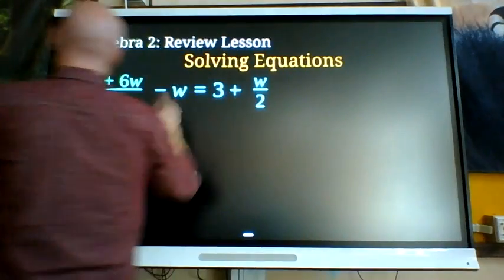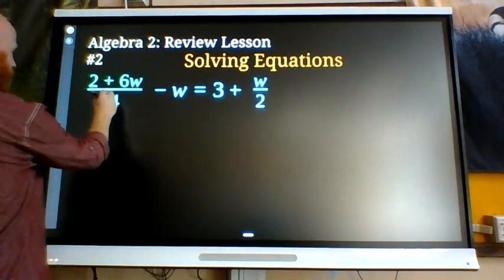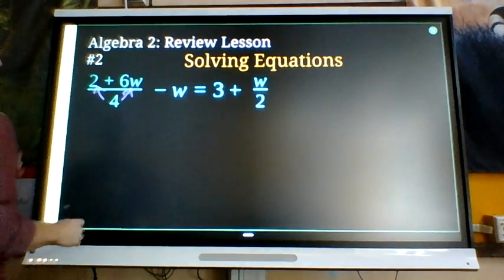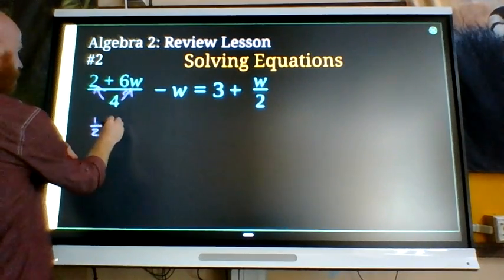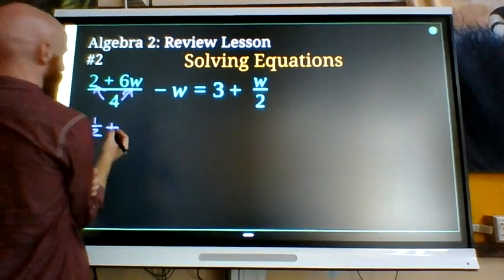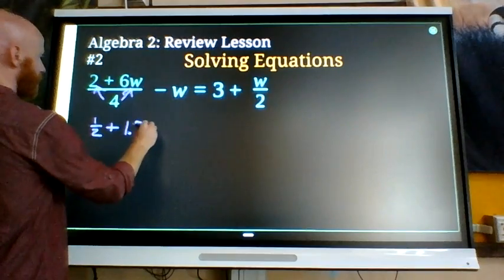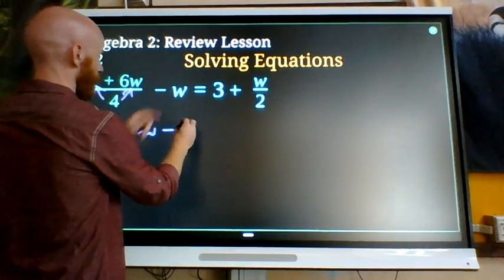Simplifying everything on the left of this equation, we distribute by 4. 4 divides each term in the numerator. So 2 divided by 4 is 1/2, plus 6 divided by 4 is 1.5, so 1.5 W's, then subtract 1W.